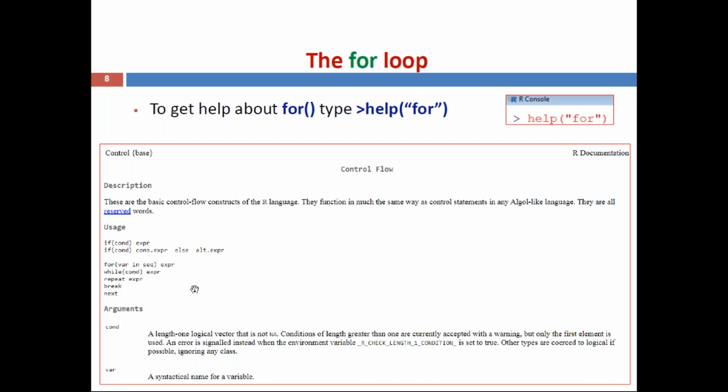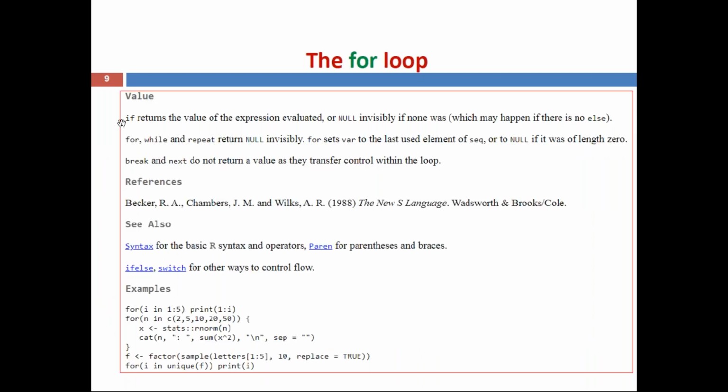Then expression. If you want to see some more details about for, here you can see the value. So what does it contain? For while and repeat, it returns NULL invisibly. For sets a variable to the last used element of sequence, or to NULL if it was of length 0.